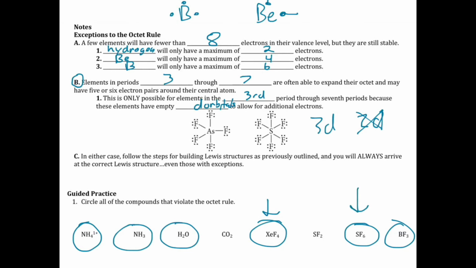This one here, again, sulfur typically makes 2 bonds, similar to oxygen, but it's making 6. And then boron is okay having 6 valence electrons. If you draw the structure, you'll see it only has 6 valence electrons.